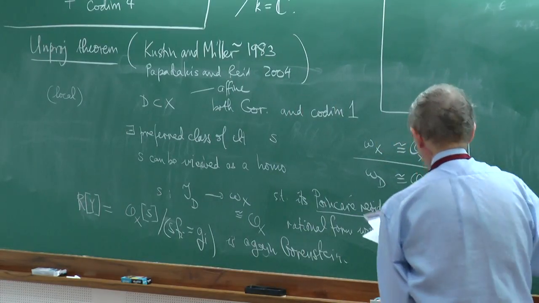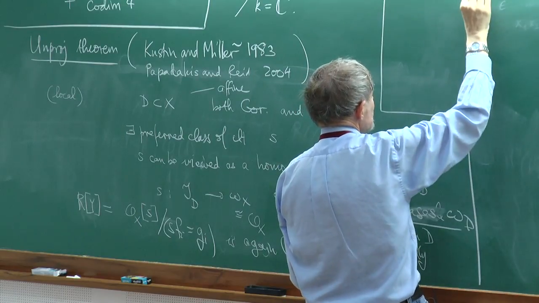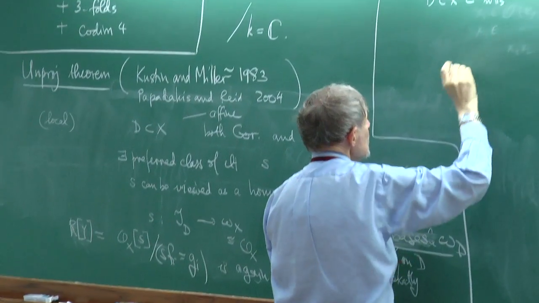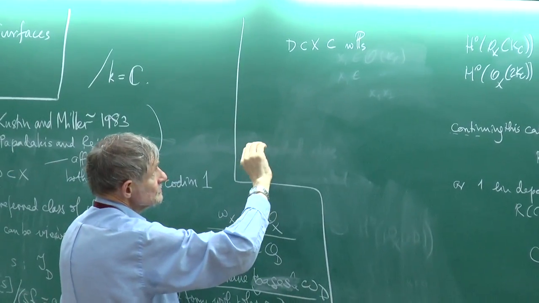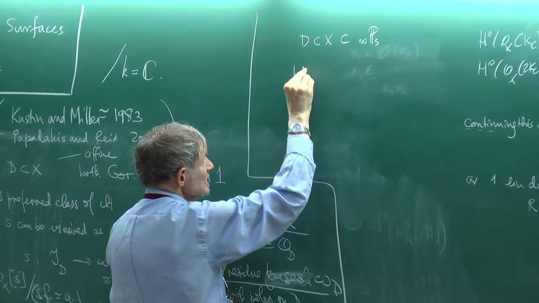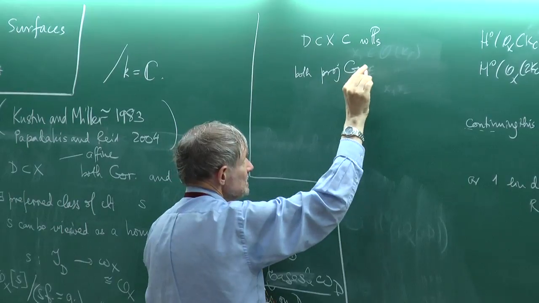So the projective version is D in X in some weighted projective space. I'm assuming they're both projectively Gorenstein.